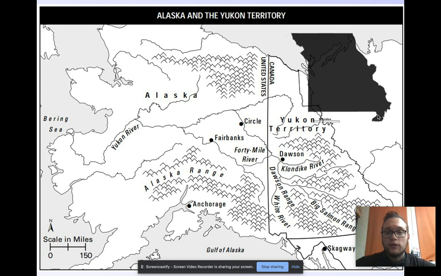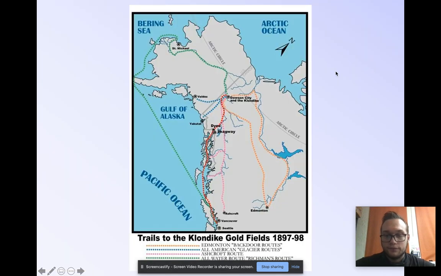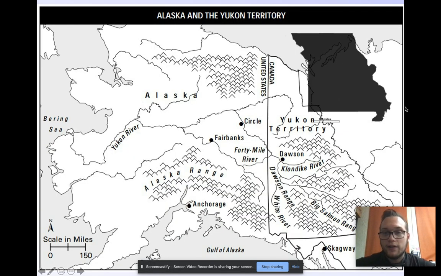Well, if you look up here to this outline of the state of Missouri in the upper right-hand corner, that is comparing the state of Missouri to the state of Alaska. Now, it's important to point out that Alaska wasn't a state yet at the time of this novel's writing.